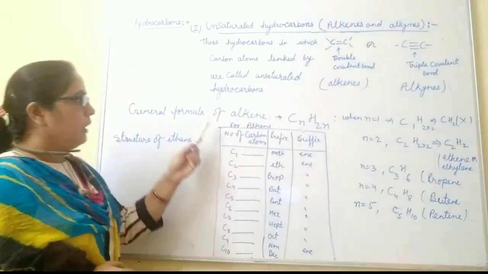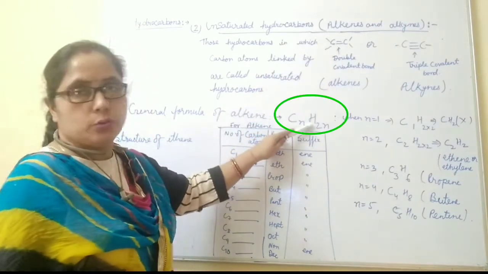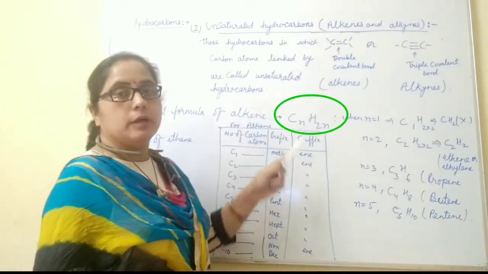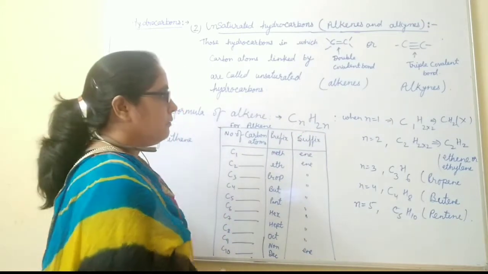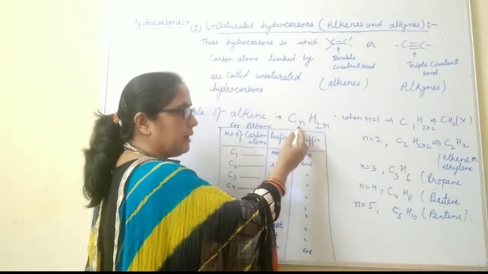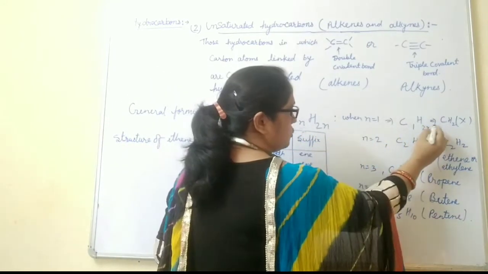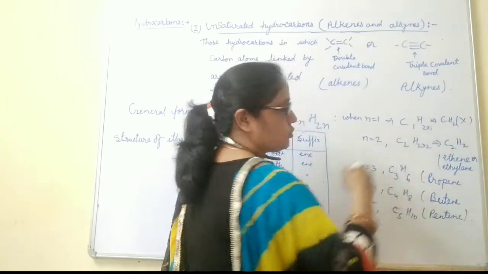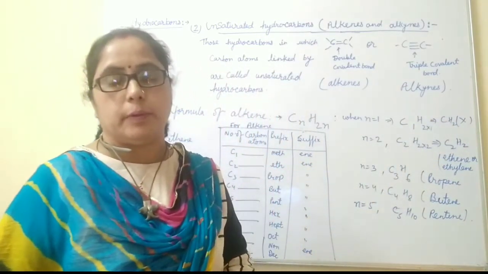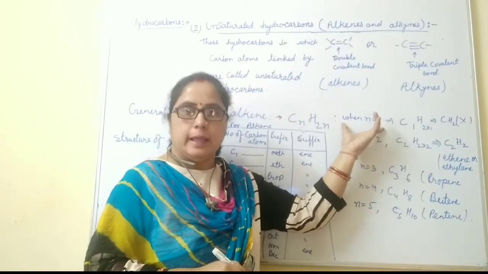The general formula of alkenes is CnH2n, where n is the number of carbon atoms. When we put n equals 1, meaning it contains one carbon atom, we have the formula C1H2 into 1, that is CH2. But there is no compound that is CH2, so it is not included in alkene.